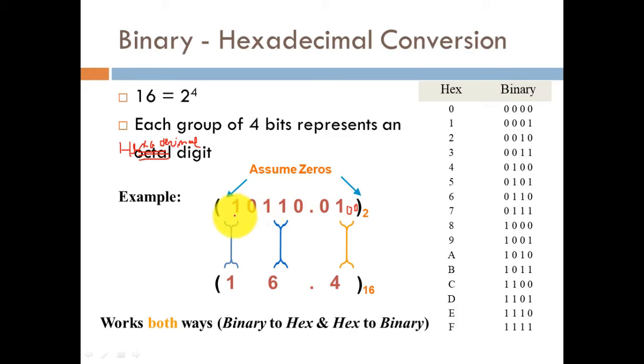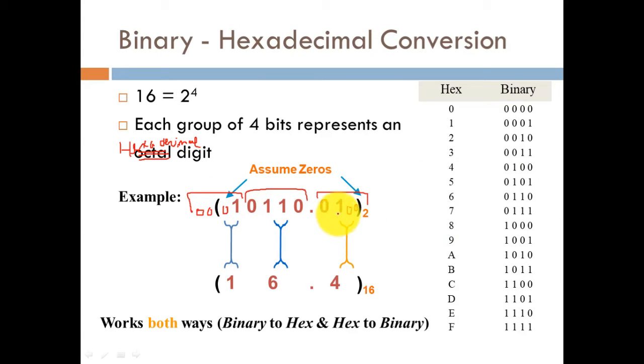In a similar manner, if we count how many bits we have on the left side of the decimal point, that is 1 2 3 4 5, we need to add 3 zeros so that we can group all of them into blocks of 4 bits. So this is our first block, this is our second block, and this is our third block.